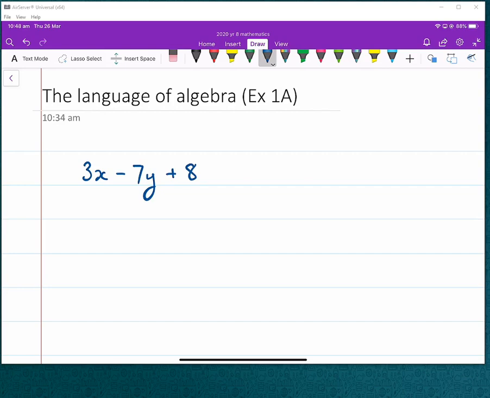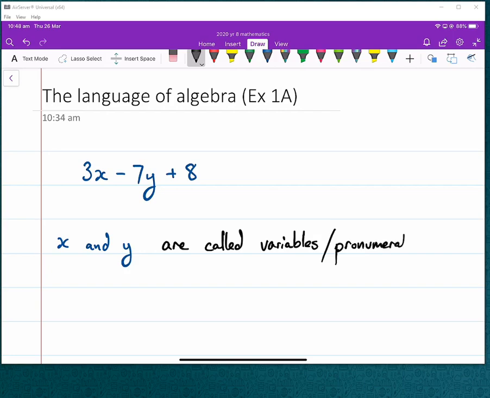So the first thing to recognize is we don't call them letters. This x and y are called either variables or pronumerals. We'll normally use the word pronumerals.